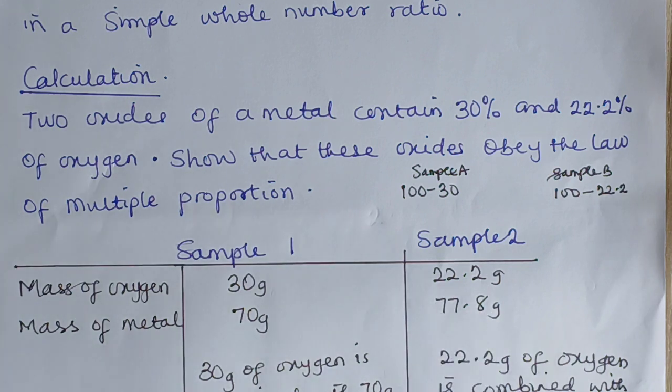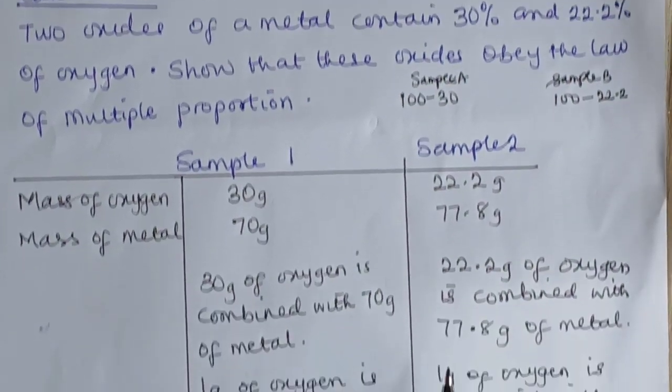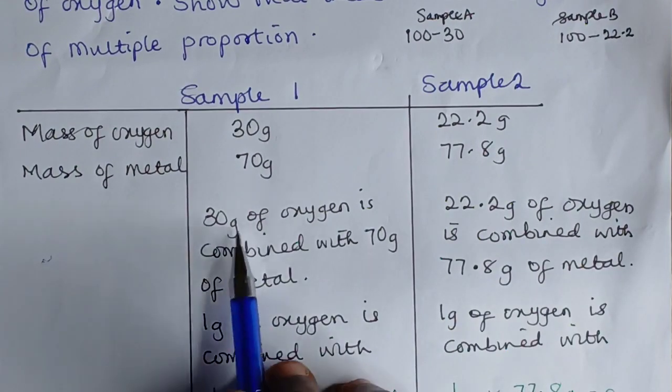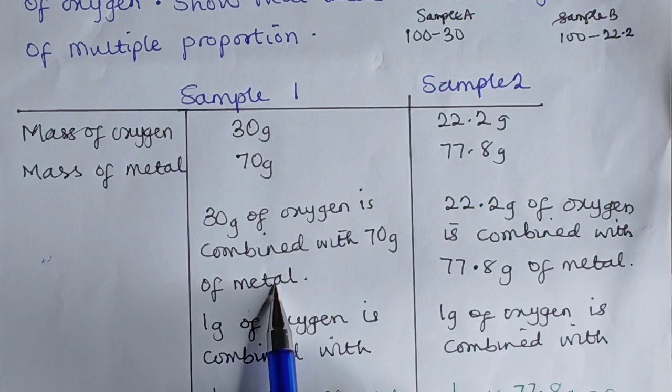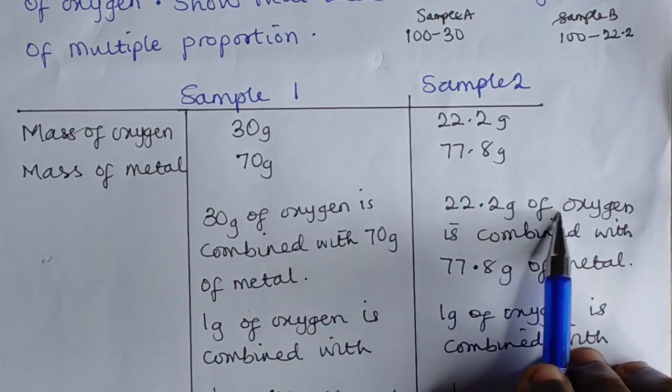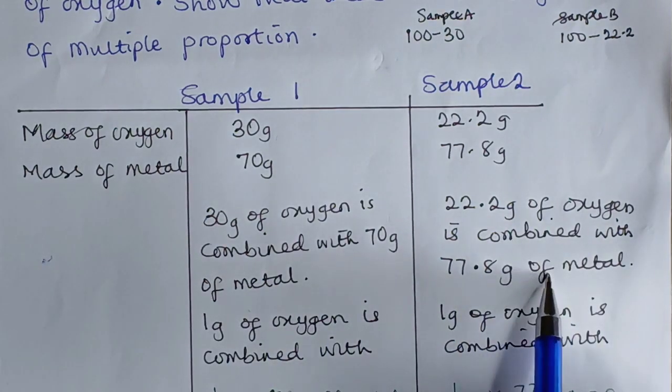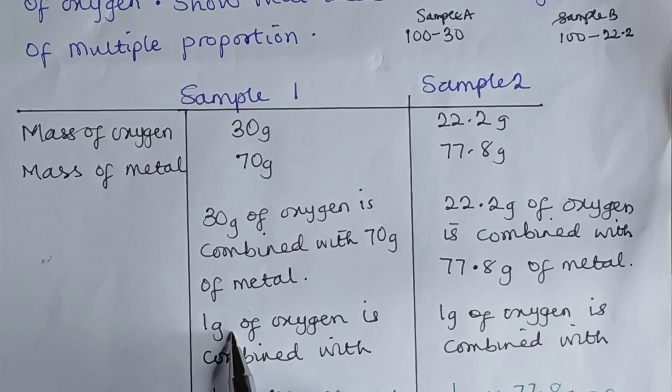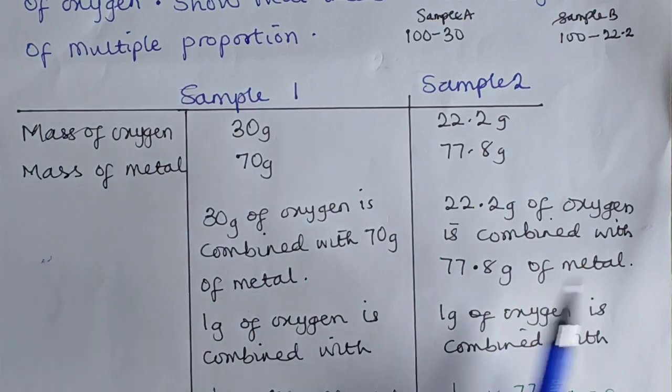So how do we prove that this supports the law of multiple proportion? If 30 grams of oxygen is combined with 70 grams of the metal, and 22.2 grams of oxygen is combined with 77.8 grams of metal, what will 1 gram combine with?